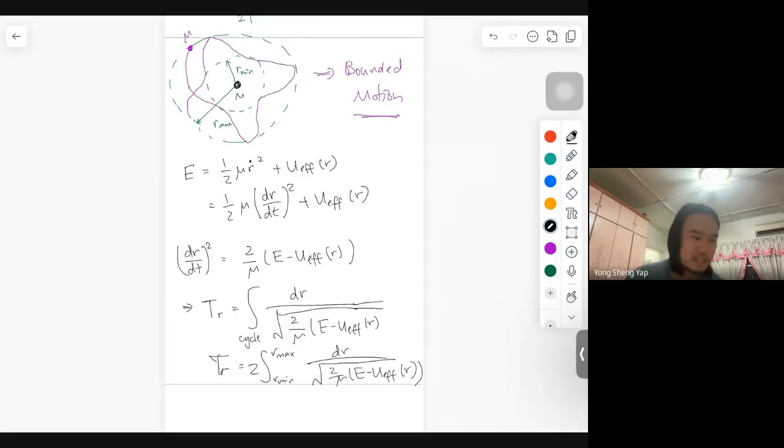And this motion is universal for all two body interactions via mutual force, right? We'll get into more specific details later, but this is just a very general overview of what other motions can happen if you have two bodies interacting with mutual force. And this is one of them, a period. So maybe I should write this down.